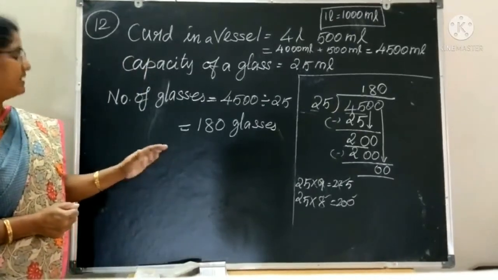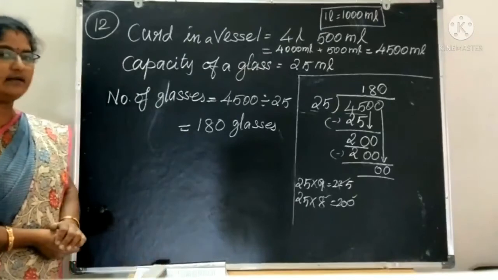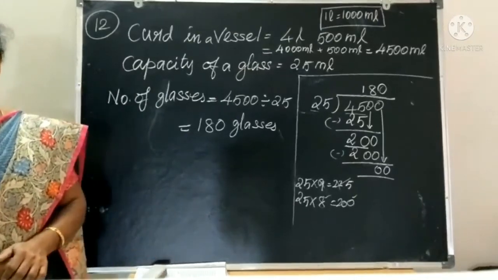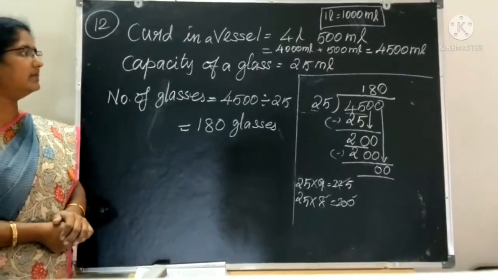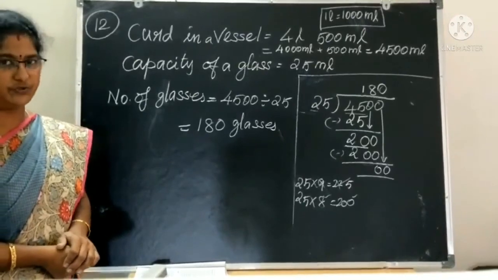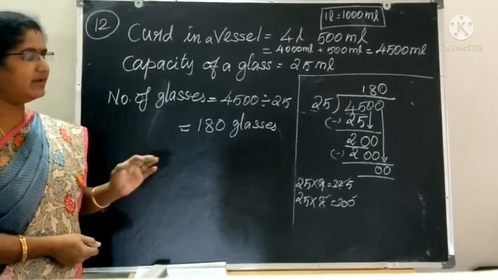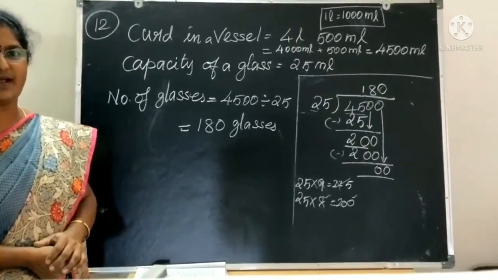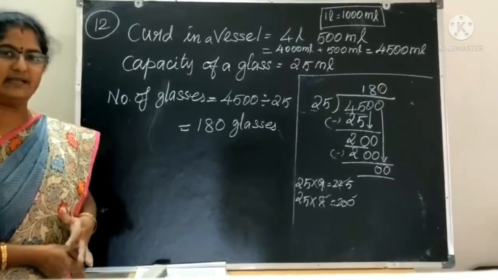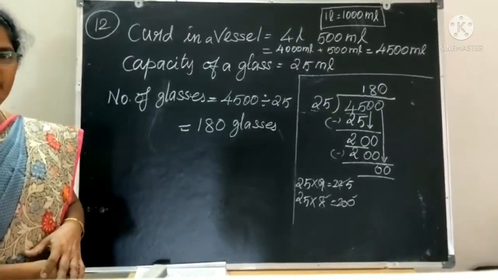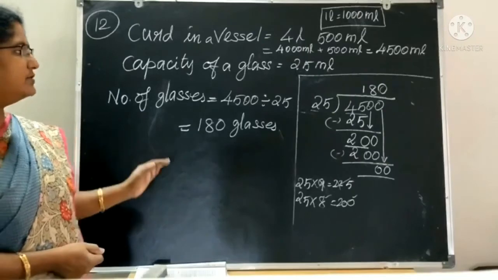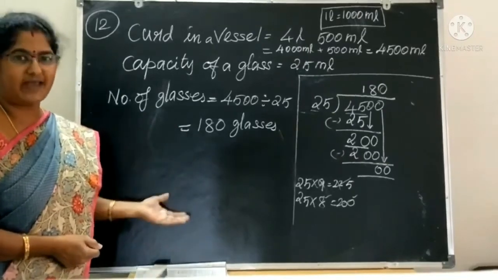Write down. Today we have completed all the sums, all the word problems and situational problems given in exercise 1.2. I hope you are very clear in multiplication and division and also in the units. Isn't it? Okay. Do all the sums, once again you revise this.